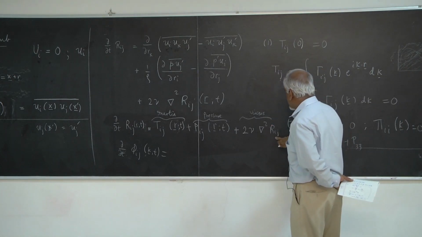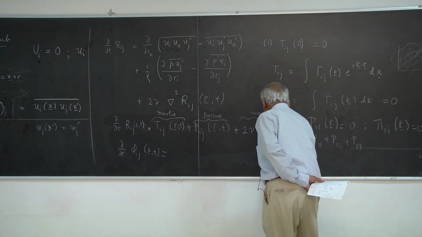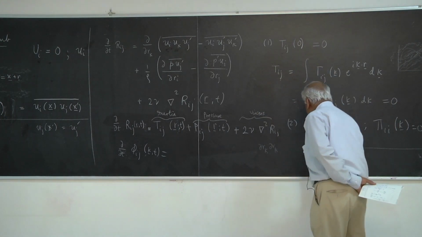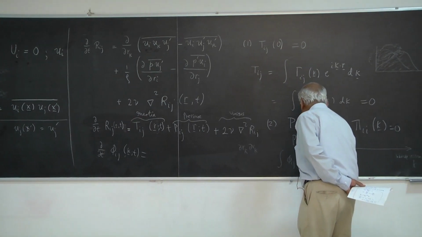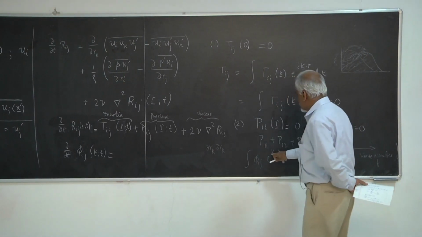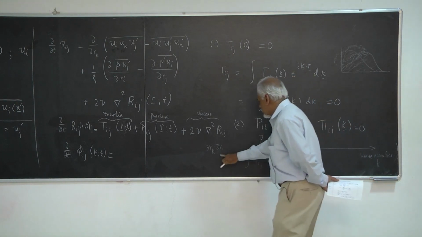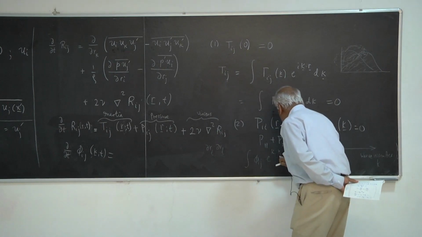I have two derivatives of Rij, so I have drk, let's say, and in the Fourier transform, if you remember, I have phi ij e to the power i k r k. This is same as k dot r. Maybe I shouldn't use k, just use L or something like that. So that's KL.